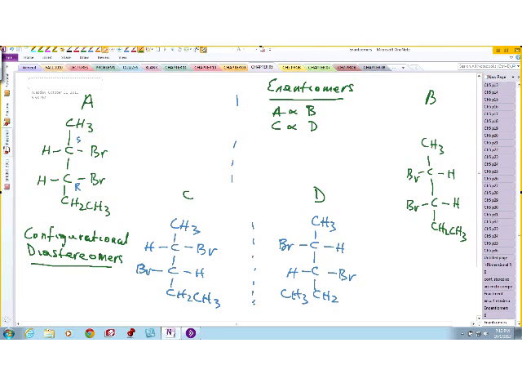Now you want to know what are configurational diastereomers. Configurational diastereomers are stereoisomers that contain more than one chirality carbon and are not mirror images. Okay? Let me write that.